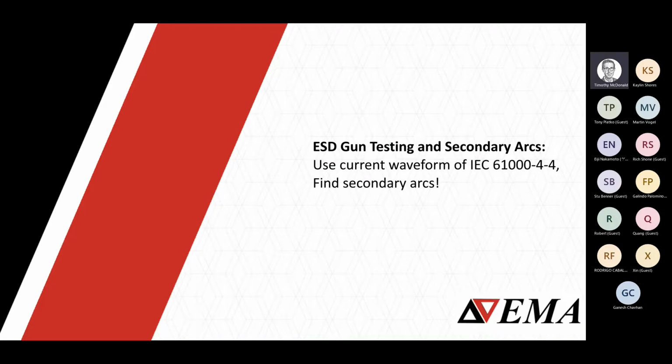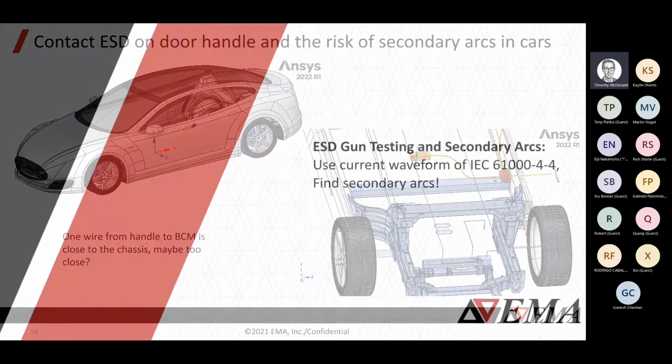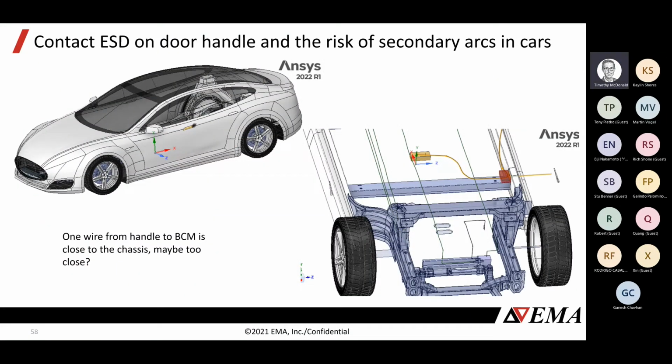Okay, what about secondary arcs? So this is based on a real discussion we had, a real problem, not on this same vehicle. In this case, there was an ESD gun, a required test to the door handle. There was a suspicion, there was a failure observed far away from the handle. There was a suspicion maybe that there was a secondary arc.